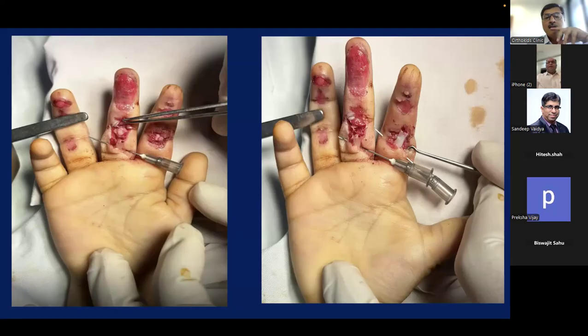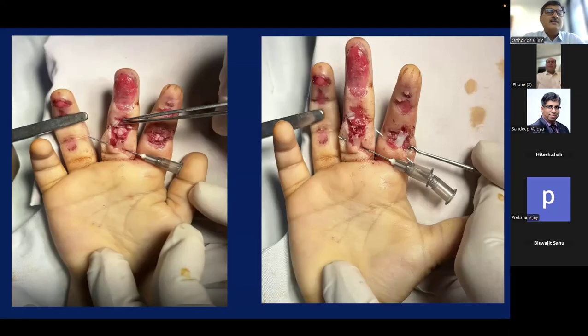Even I suspected it in the index, but definitely I didn't suspect it in the middle. Something white popped out during my first examination, and from that time I had a doubt. So, how would you manage it now?